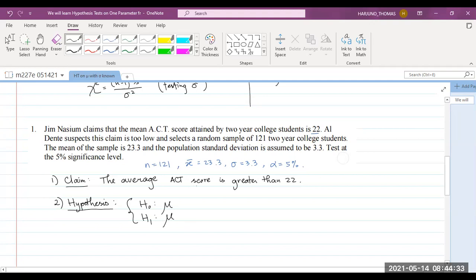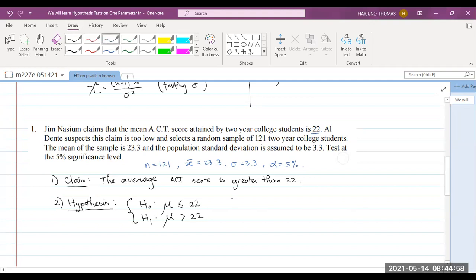Greater has no equal sign, so it will go to the alternate hypothesis. That's how we know if a claim goes to the alternate hypothesis or null hypothesis. If it doesn't have an equal sign, then it goes to the alternate hypothesis. With an equal sign, it goes to the null hypothesis.